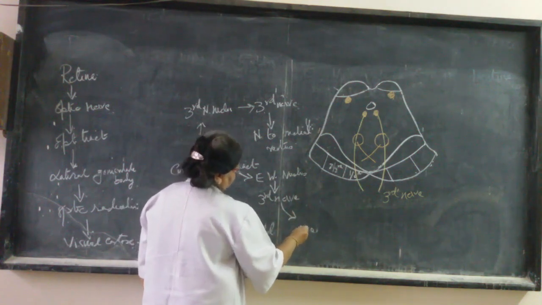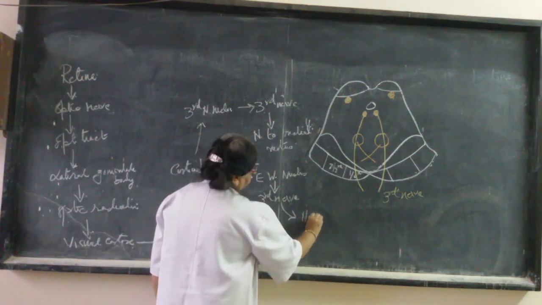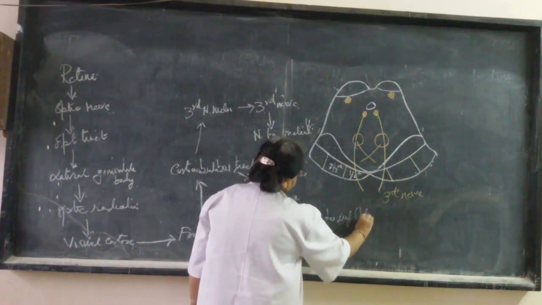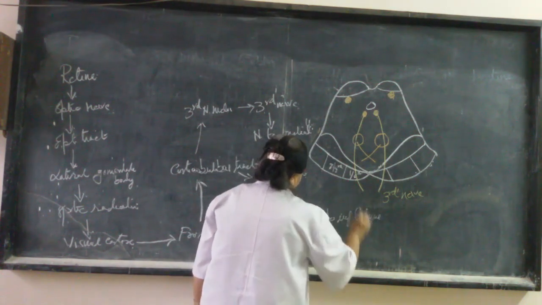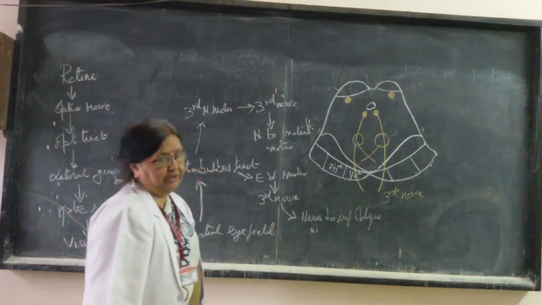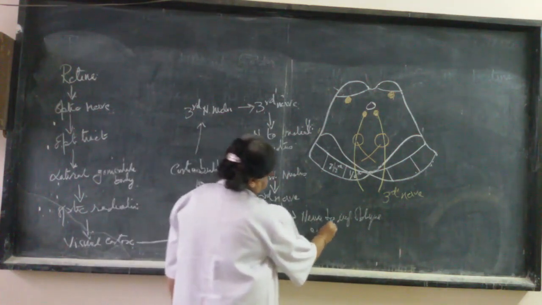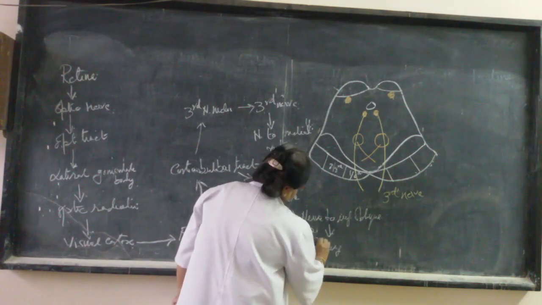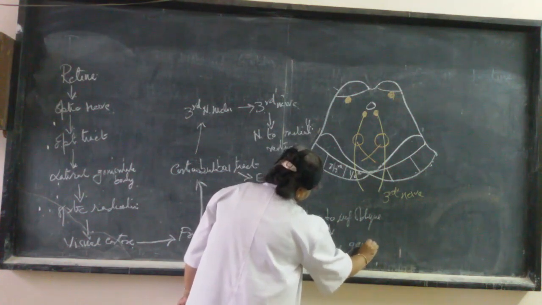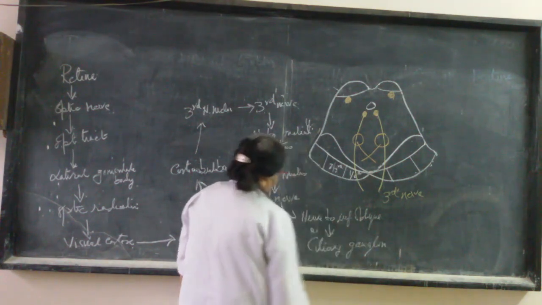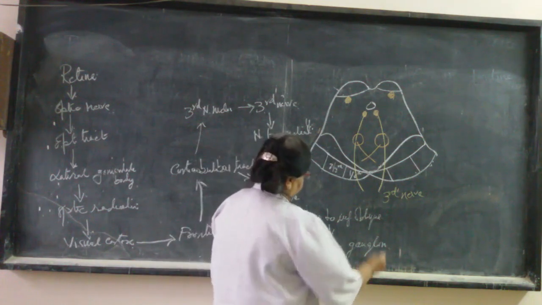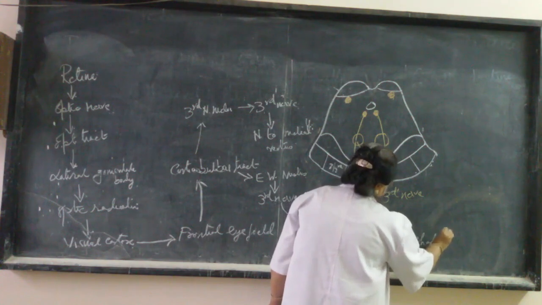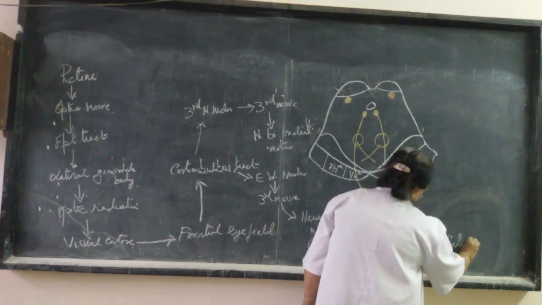Then one of its branches, the nerve to inferior oblique, enters the ciliary ganglion. And from the ciliary ganglion, the short ciliary nerve comes out.